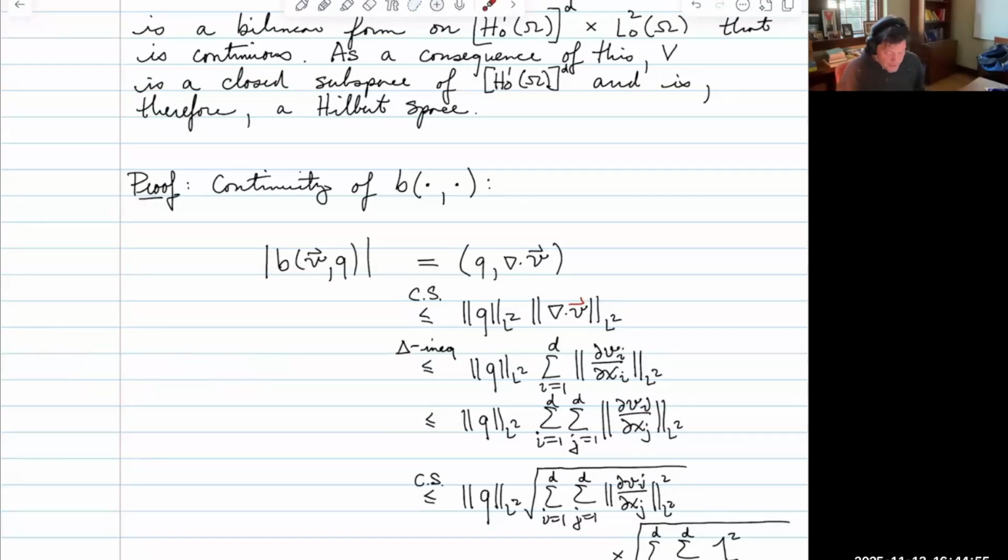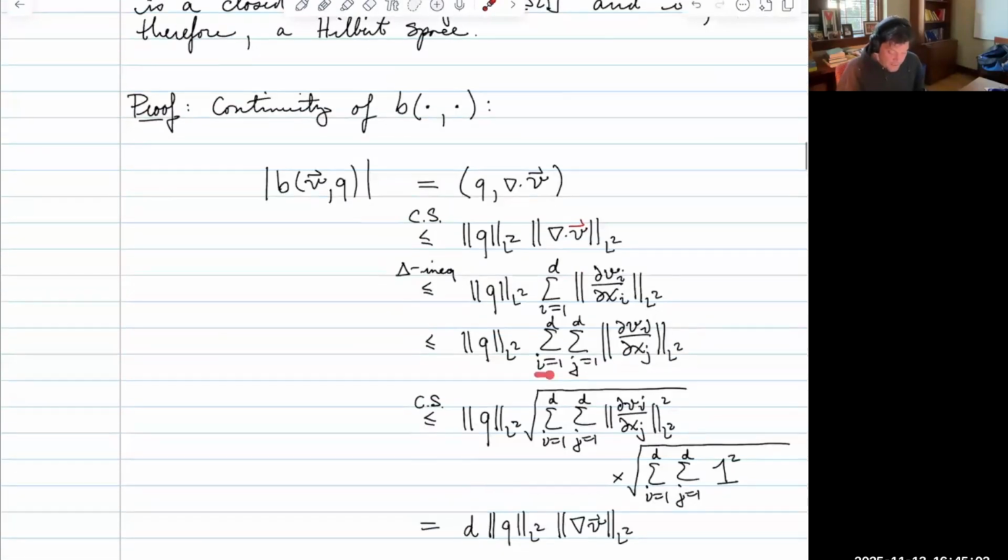So when I apply Cauchy-Schwarz here, again, I'm treating the summand as being this term times 1. Then what I get is the sum of that term with a square root, times the sum of that term with a square root. Well, this term here is just d squared, and I'm taking a square root, so I get d. What about this object here?